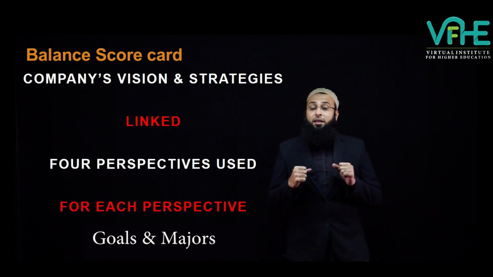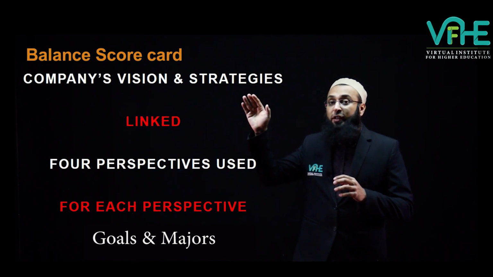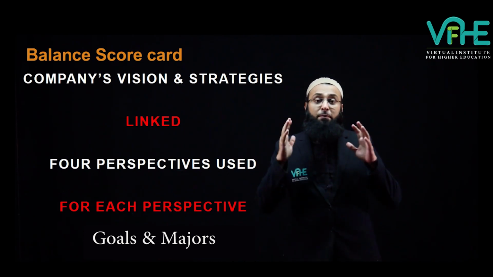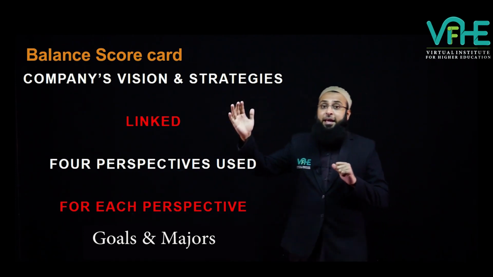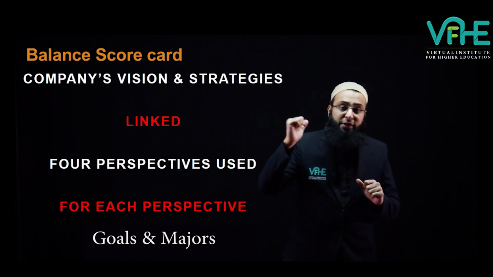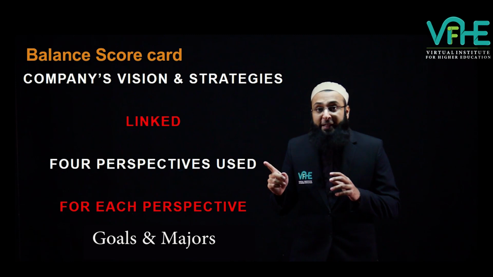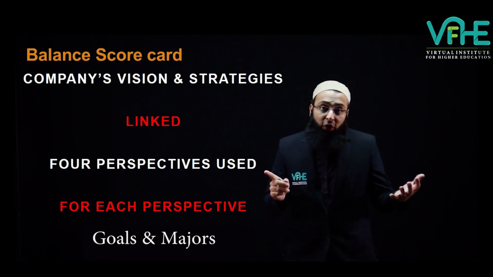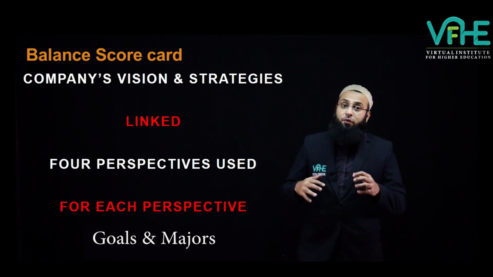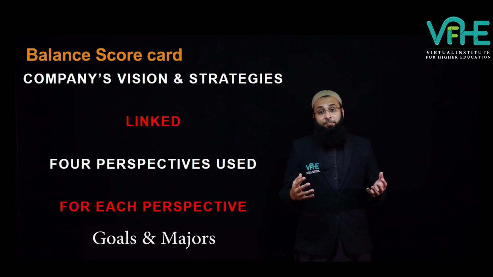So if you look here, the balance scorecard starts from the company's vision. And we all know what vision is. Preferred future picture. And then strategies. So to achieve vision, we set strategies. Those strategies are then linked with 4 perspectives, as I mentioned before. And for each perspective, then we identify the goals and the measures.